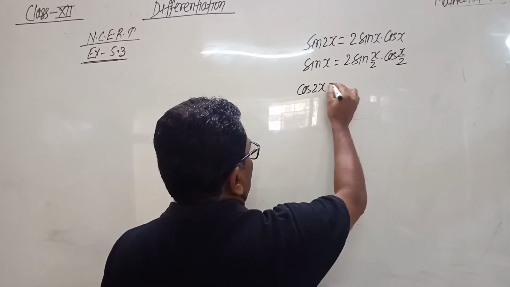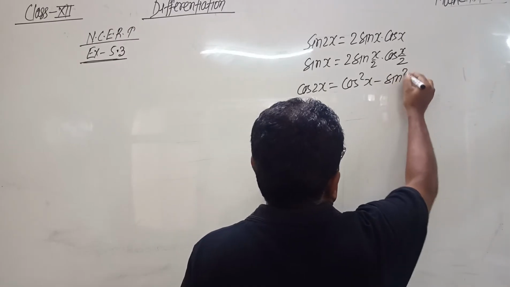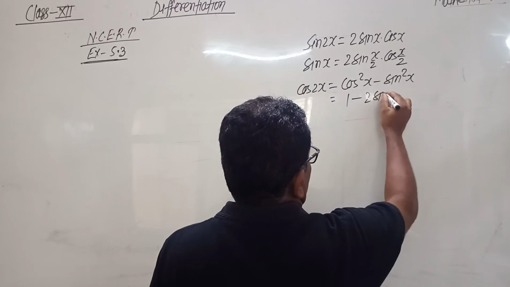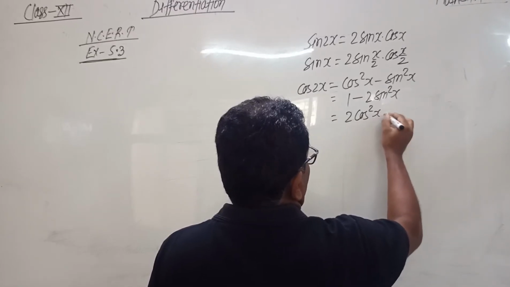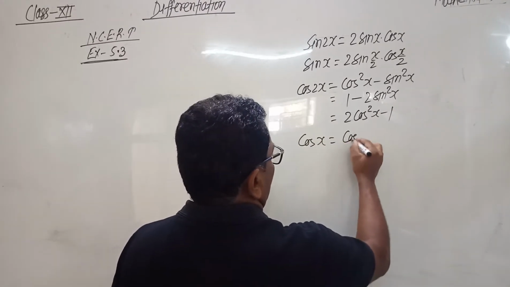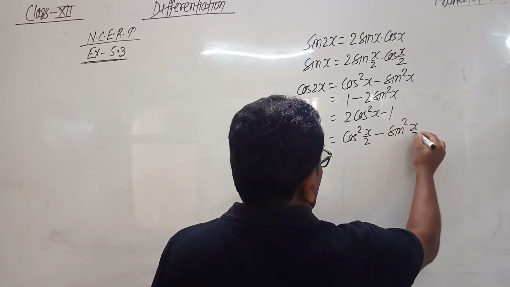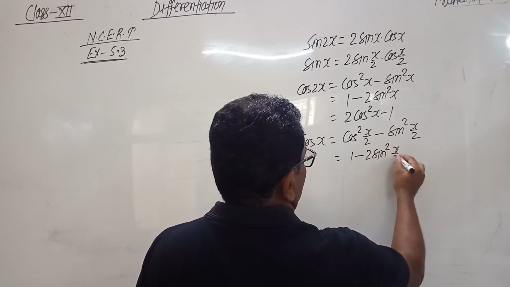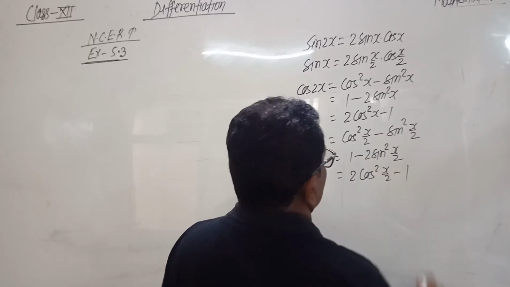Cos 2x equals cos square x minus sin square x, equals 1 minus 2 sin square x, equals 2 cos square x minus 1. And cos x equals cos square x by 2 minus sin square x by 2, equals 1 minus 2 sin square x by 2, equals 2 cos square x by 2 minus 1.